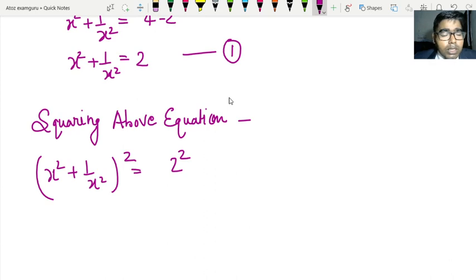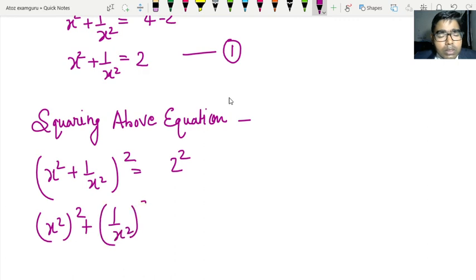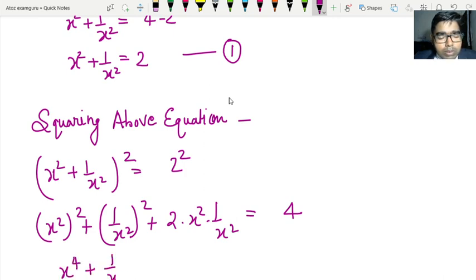You will get again (x²)² + (1/x²)² + 2 × x² × 1/x², and this is 4. So it gives you x⁴ + 1/x⁴ + 2 = 4.